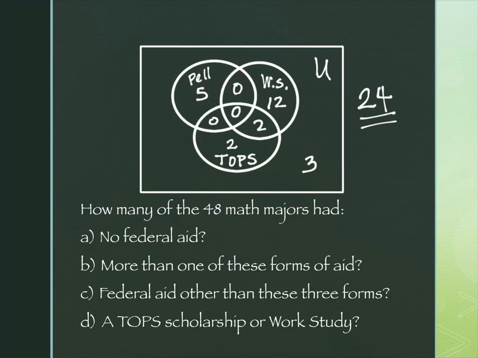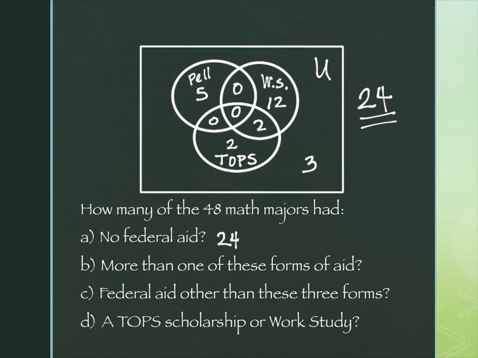Okay, so then, we already answered one question, the first one, A. How many of the 48 math majors had no federal aid? That was the 24, the number I put on the outside. It's 24. How many had more than 1? 2. So more than 1 would be anything in the overlaps, right?